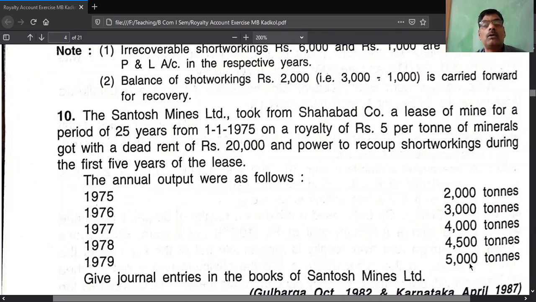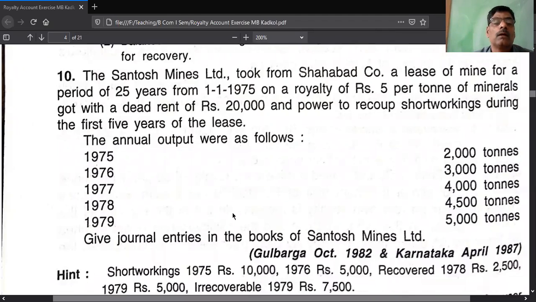You transfer the short working amount only at the end of 1979. This is the point. 5 years time is given. You may recover in the first year, or the second, third, fourth, or fifth year. If it is not possible to recover up to the fifth year, you transfer it to the recovery column.